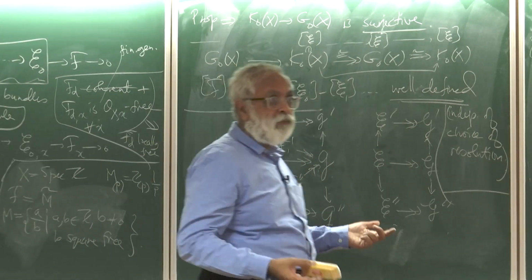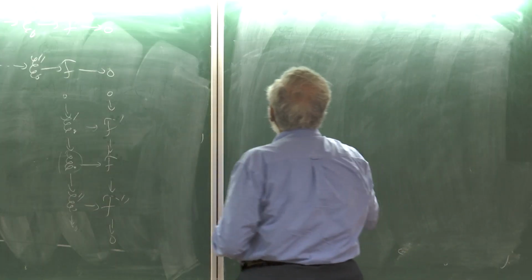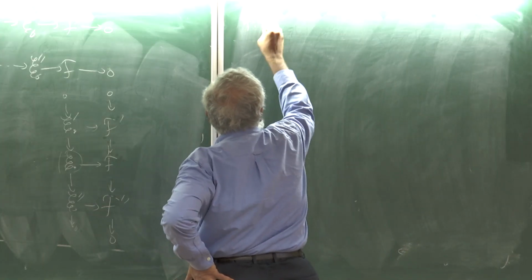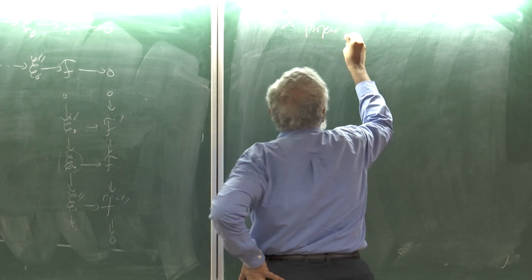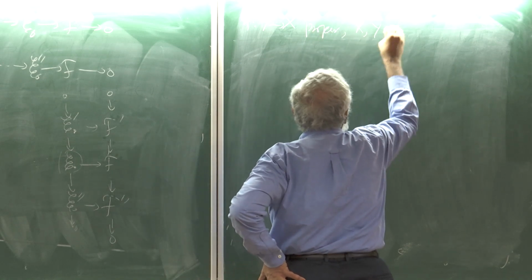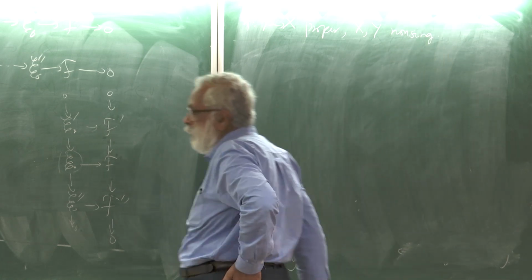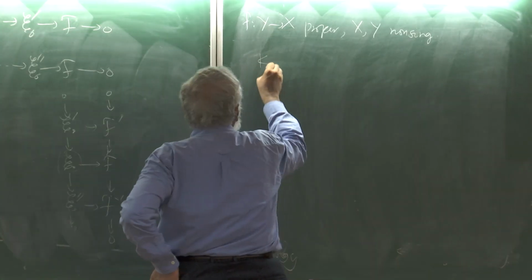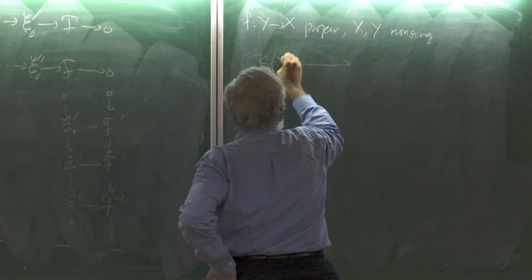And then I can set up the question of whether such and such a diagram commutes. So therefore, if I have f: Y to X proper, X, Y non-singular, but for my diagram at the moment at least I'm going to write it like this.